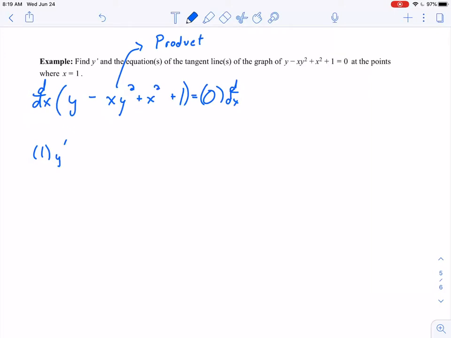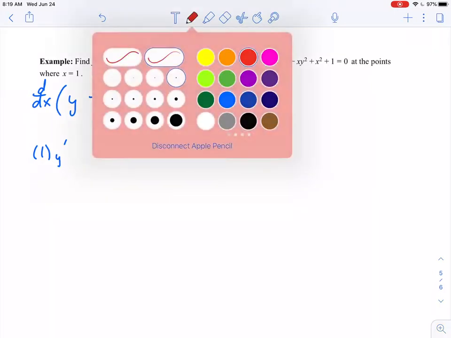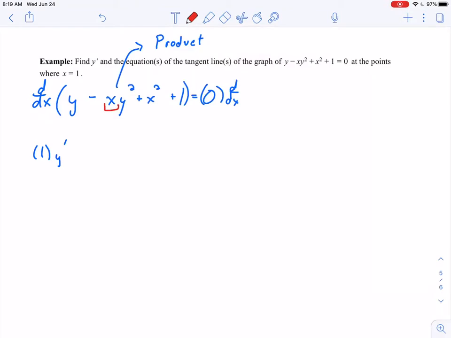So perhaps off to the side, let's just do that over here. I'm going to call this guy f, and I'm going to call this guy g. F is equal to x, which means that f prime is equal to 1. G is y squared, so g prime, derivative of y squared, that's going to be 2y. But again, I'm using the chain rule because y is a function of x, so I need to multiply that by y prime.